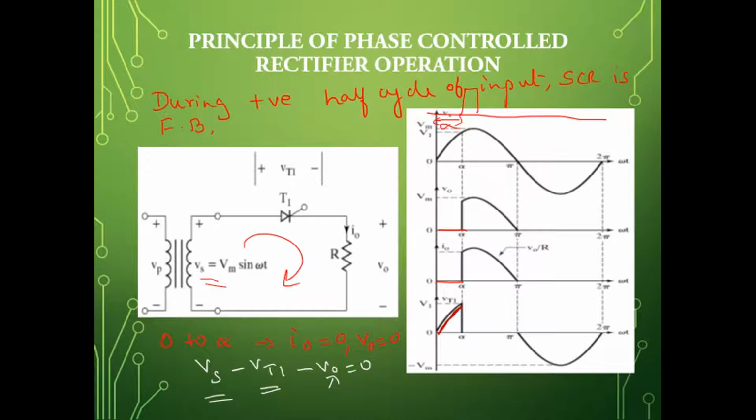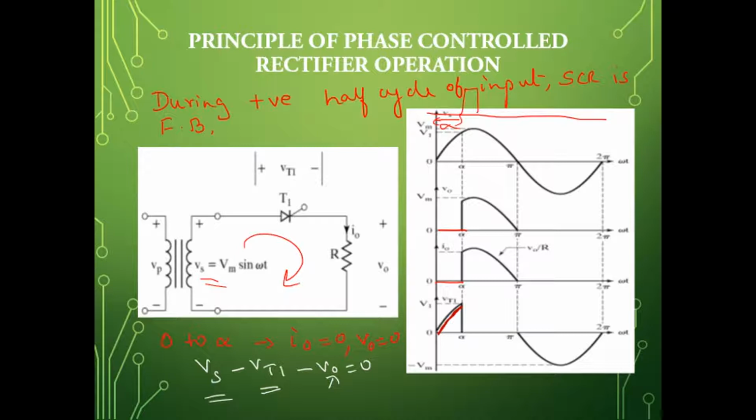Next, at a delay of alpha, that is with the firing angle alpha, you have applied the gate signal, say suppose at around 45 degrees. Okay, you have applied the gate signal. So that time what will happen? The thyristor is anyways forward biased. Now it will start to conduct.